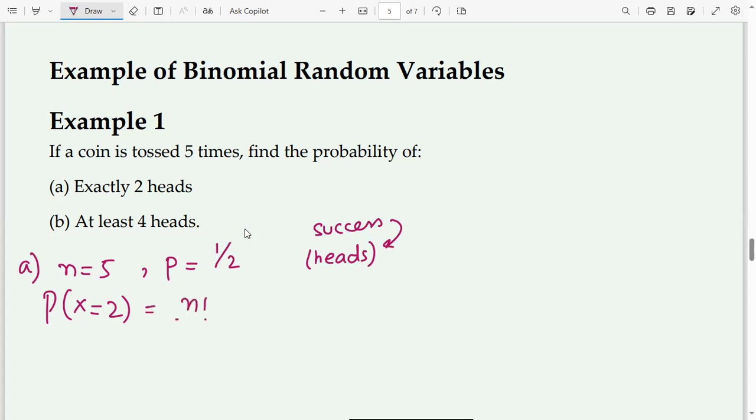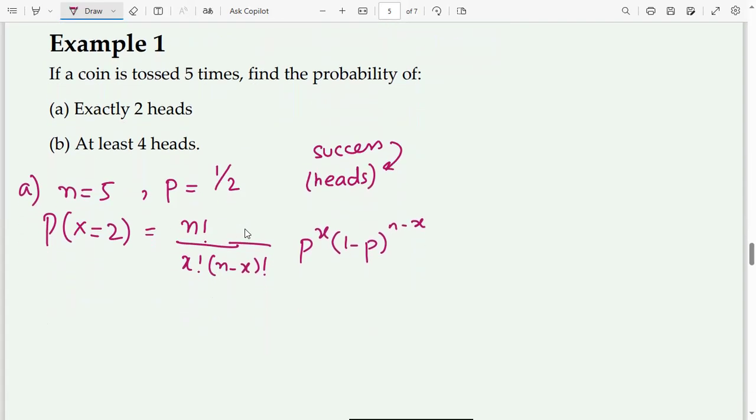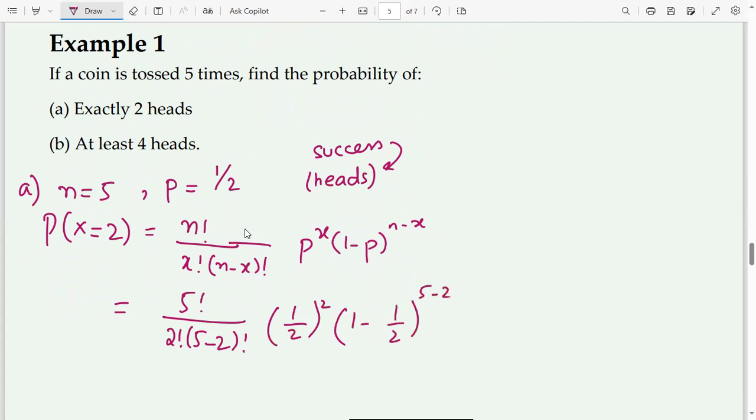Apply the formula n factorial over x factorial (n minus x) factorial, p to the power x, (1 minus p) to the power (n minus x), where n is equal to 5, p is equal to 1 by 2, and x is equal to 2. So just plug in the values. 5 factorial, 2 factorial, (5 minus 2) factorial, half to the power 2, (1 minus half) to the power (5 minus 2).